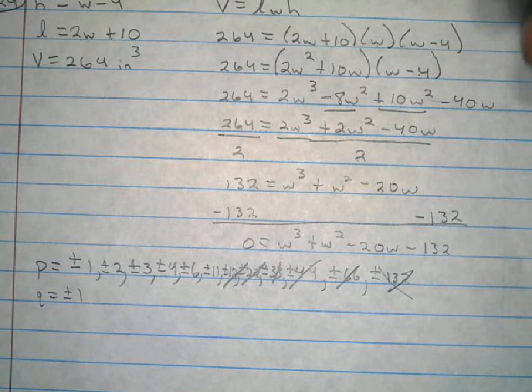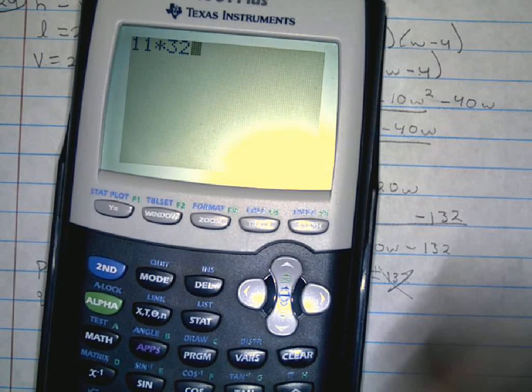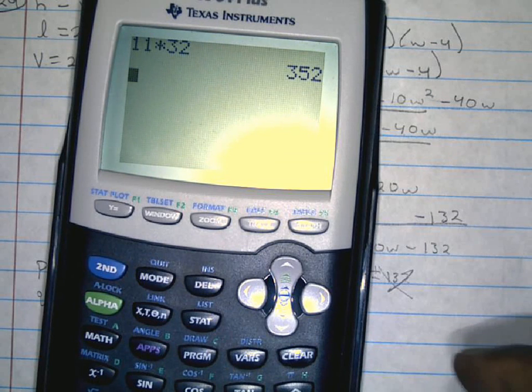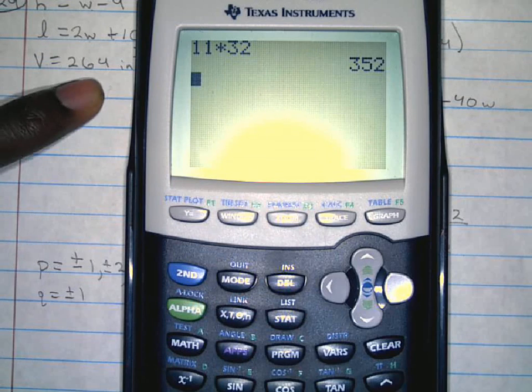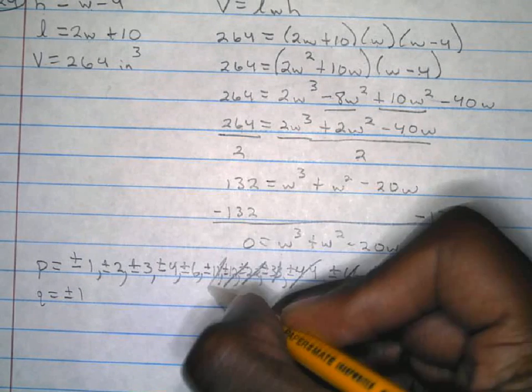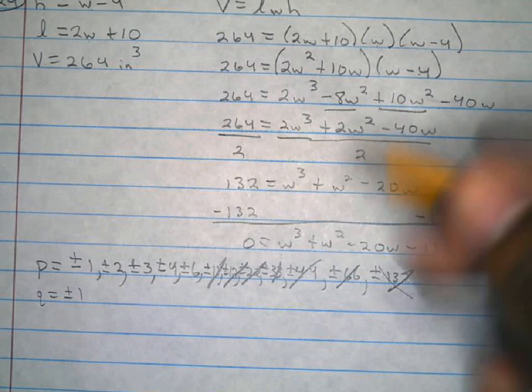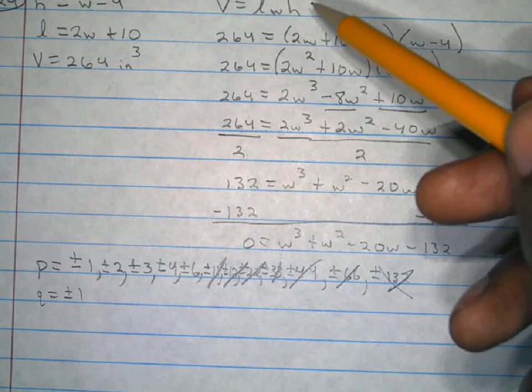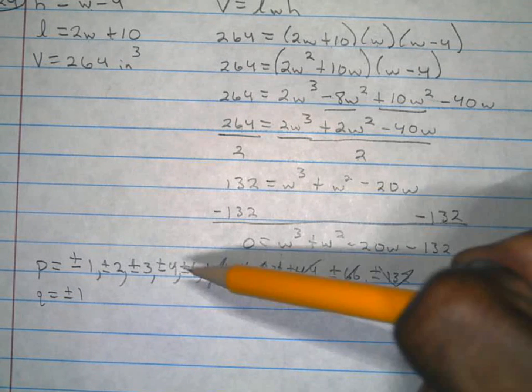Think about that. Punch that in your calculator and see if that makes any sense. Let me just punch it in for you. 11 times 32 equals 352. That's already larger than 264, so 11 has to be out of the question.